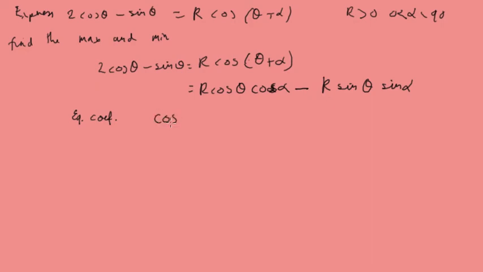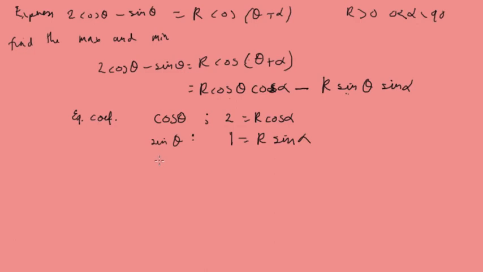So for cosine theta, we've got 2 is equal to r cosine alpha, and for sine theta, it's going to be 1 is equal to r sine alpha.